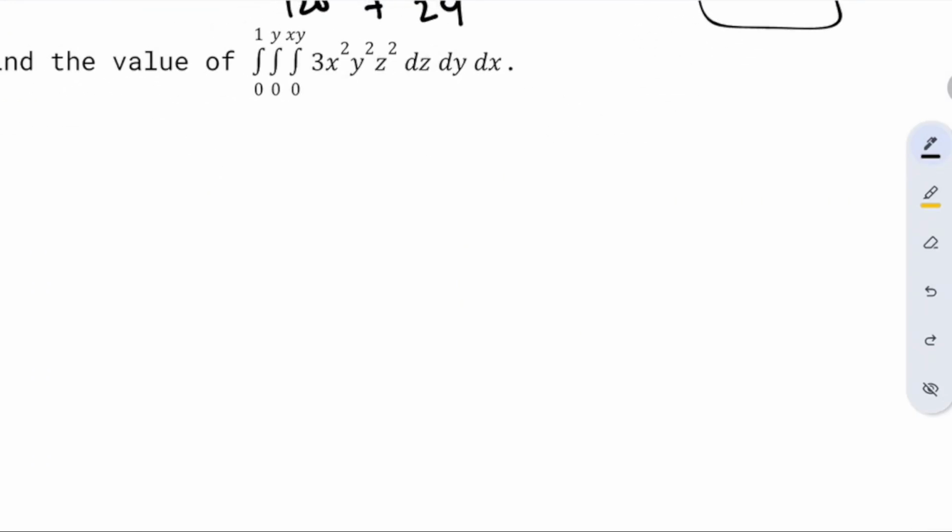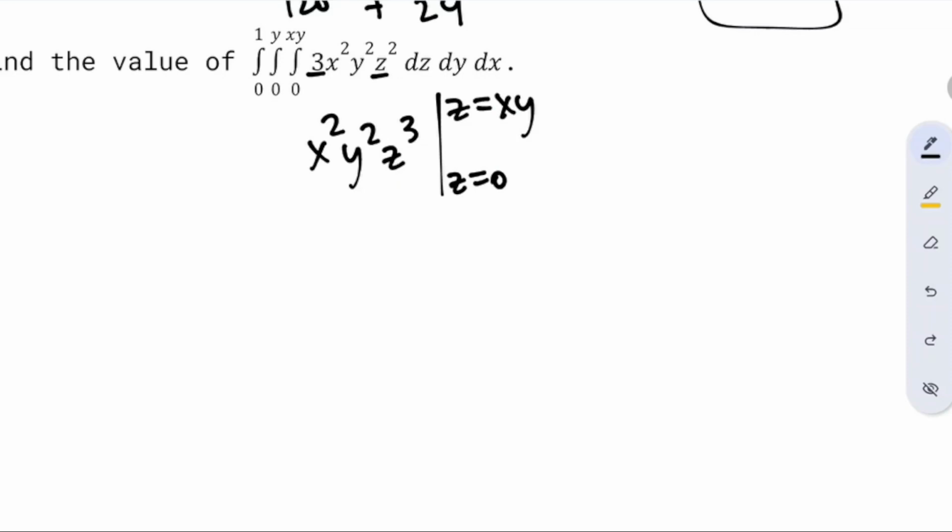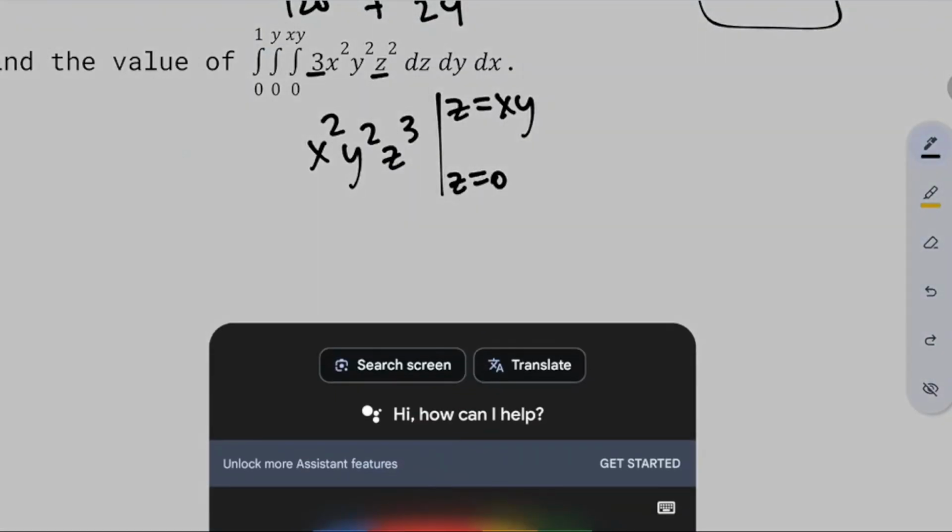Let's keep going. Now we're going to find another one. This one's got variable bounds, but it's really not that different with respect to z. Antiderivative of 3z squared would just be z to the third, so x squared y squared z cubed, with z equal to 0 at the bottom and z equals xy on top.